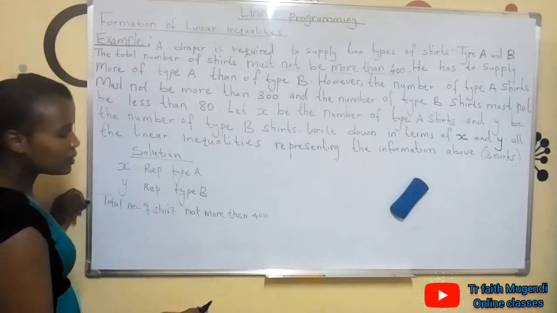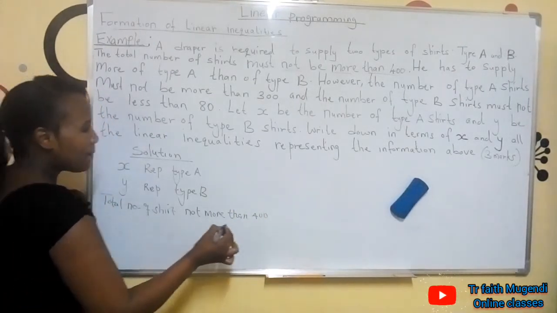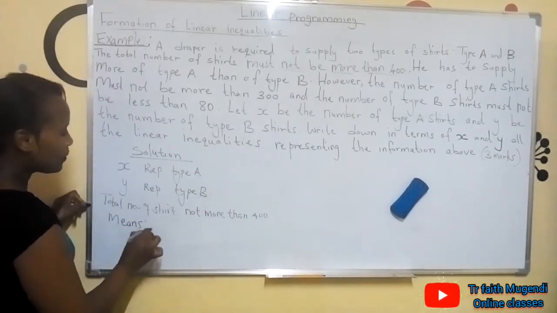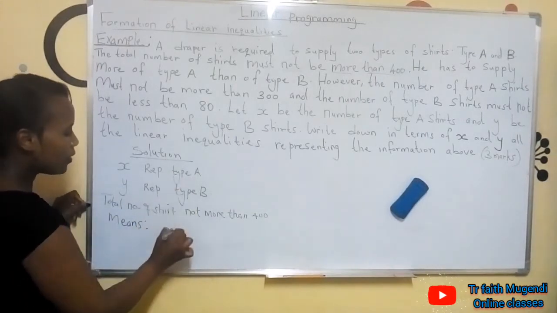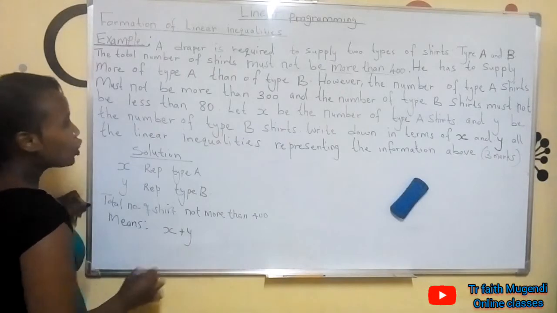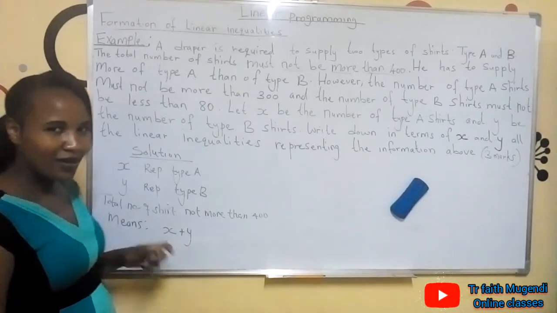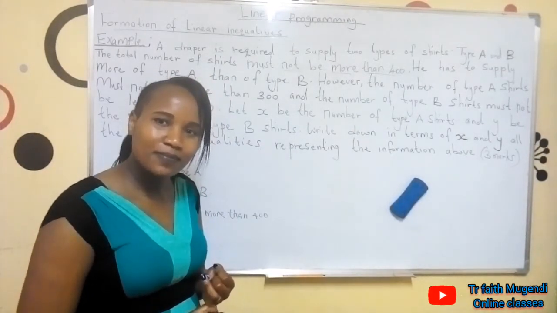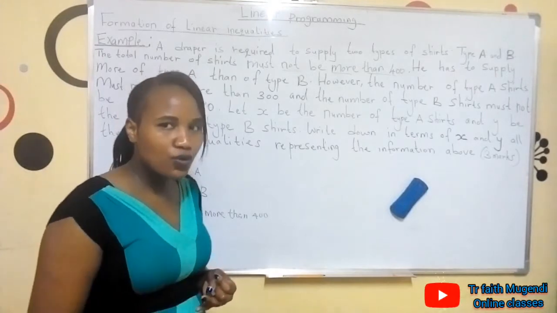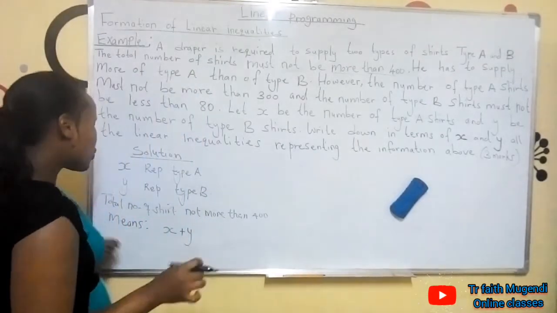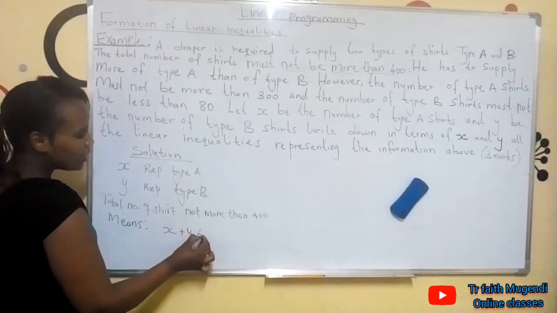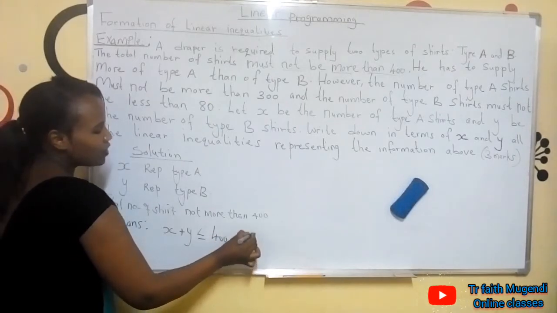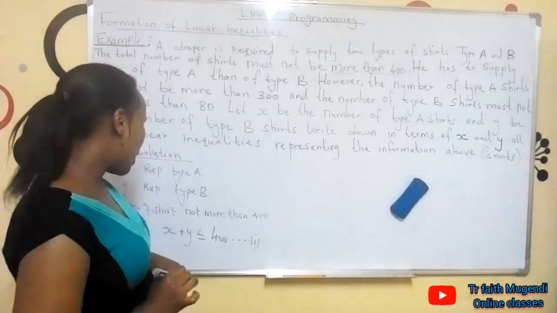What does it mean? This means that x, type A, plus y, type B, is not more than 400. Remember, not more than means at most, less than or equal to. So it should be less than or equal to 400, and we have just formed our first inequality.